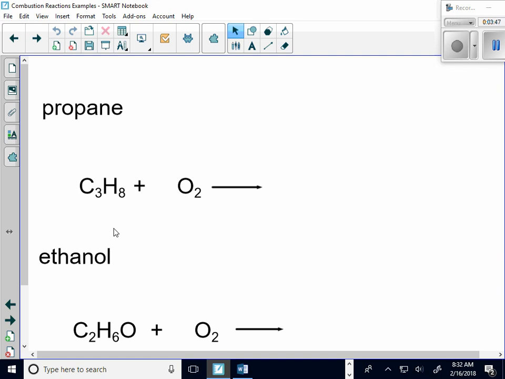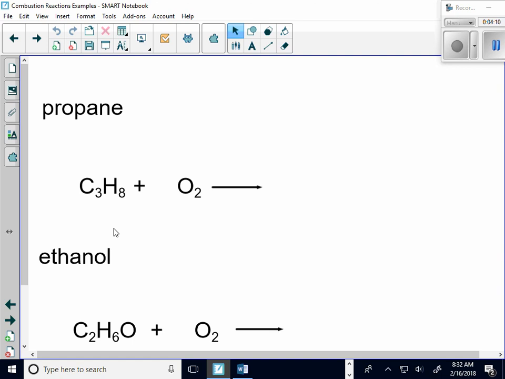So when I go through and look at the very first one, propane. Have we ever heard of propane? Where have we heard of propane? Your grill.